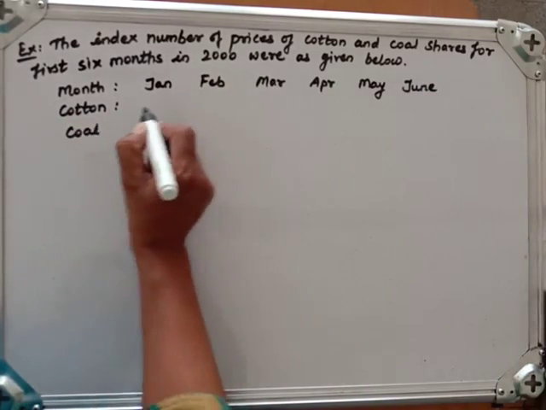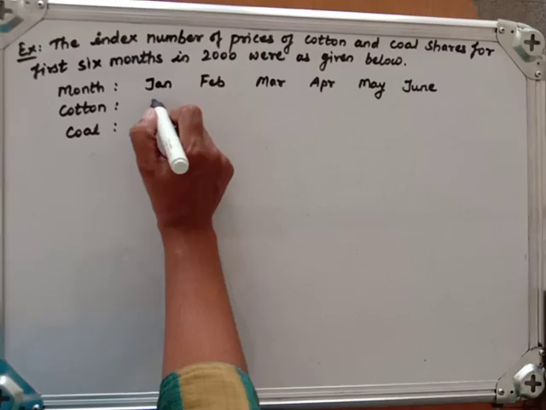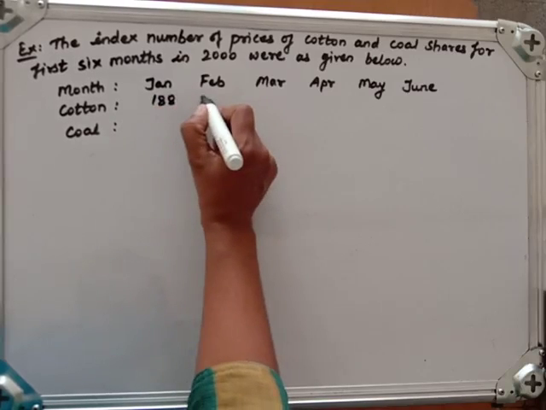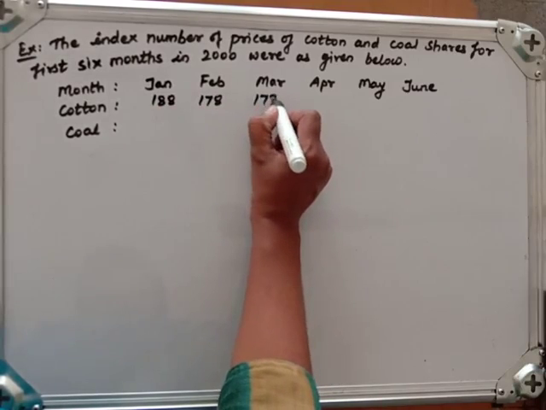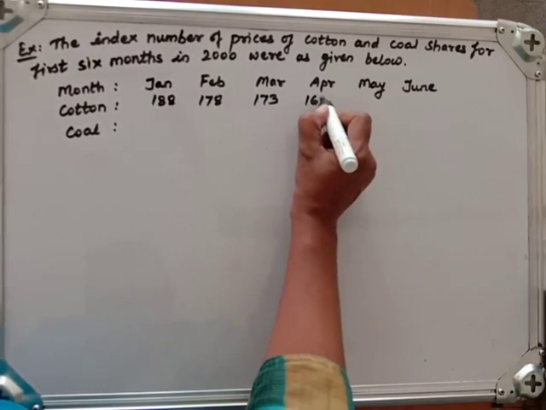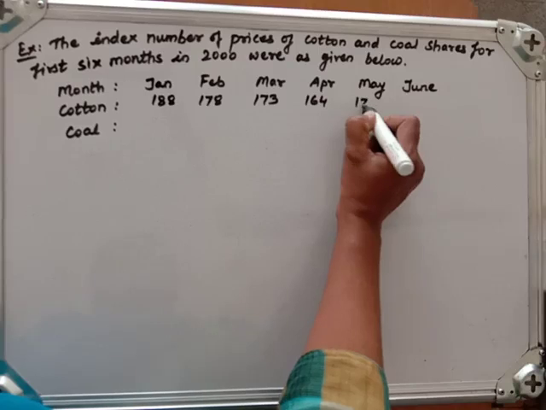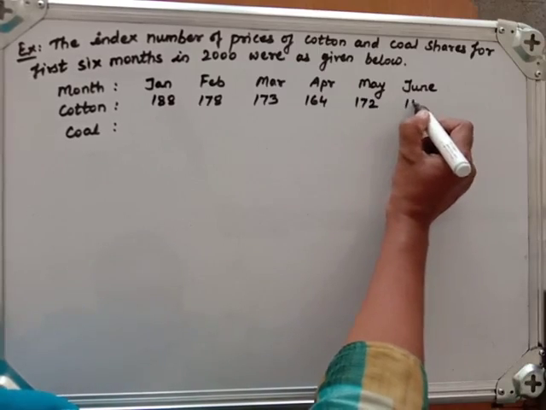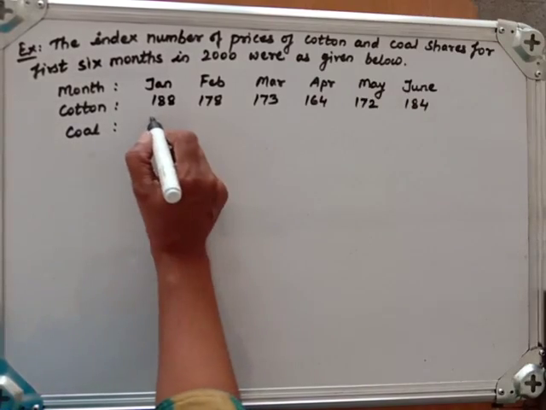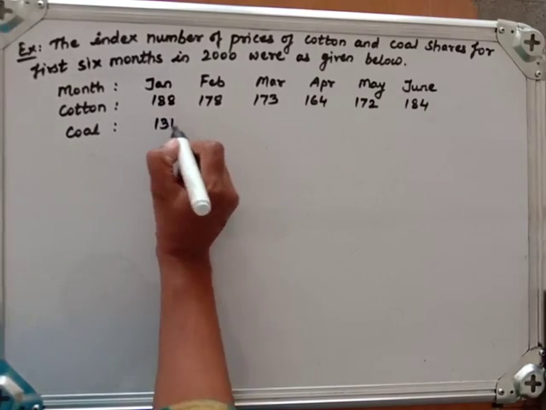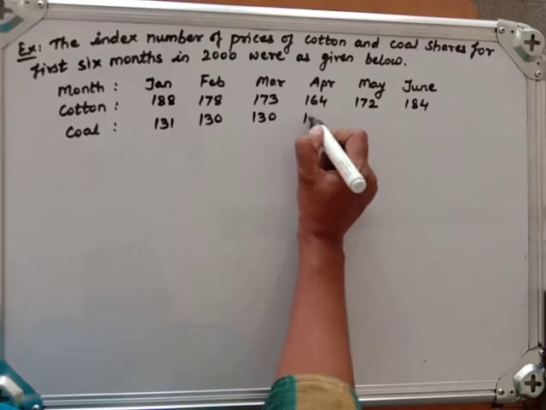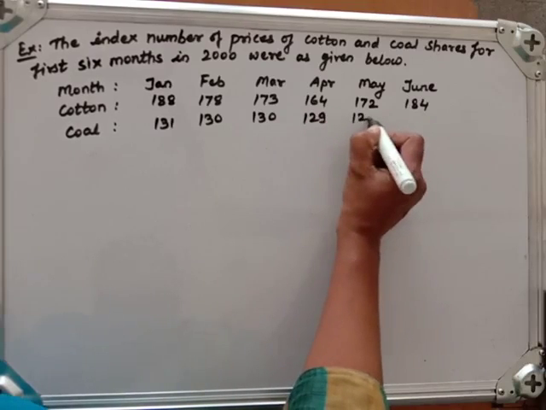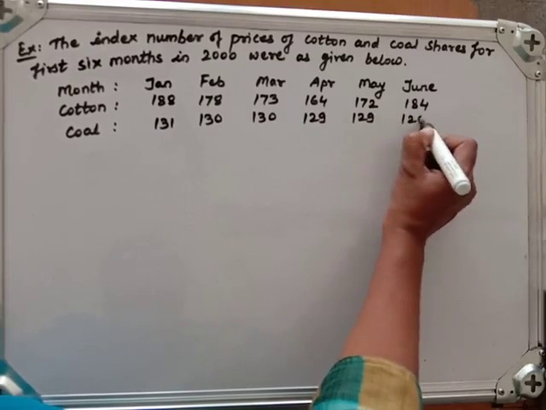For cotton the prices are 188, 178, 173, 164, 172, 184. And for coal it is 131, 130, 130, 129, again 129 and 120, as given to us.